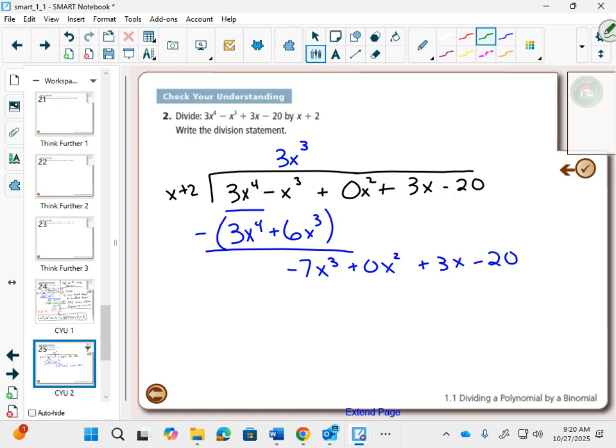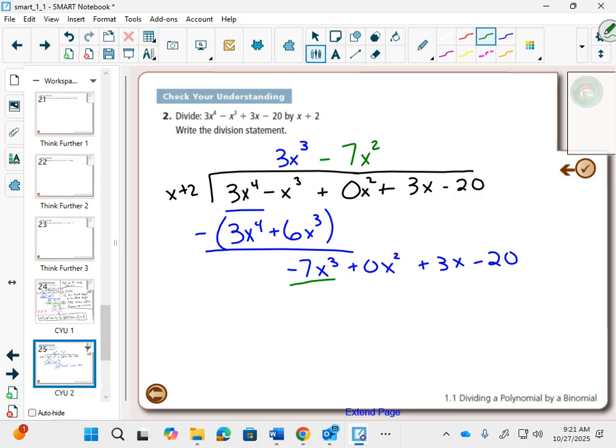Switch colors. One of the things that makes long division easy is you're doing the same steps over and over again until you finish, right? And every time I switch colors, that's just me repeating the same steps. Now I have a negative 7x cubed. What could I possibly multiply x by to get negative 7x cubed? A negative 7x squared.